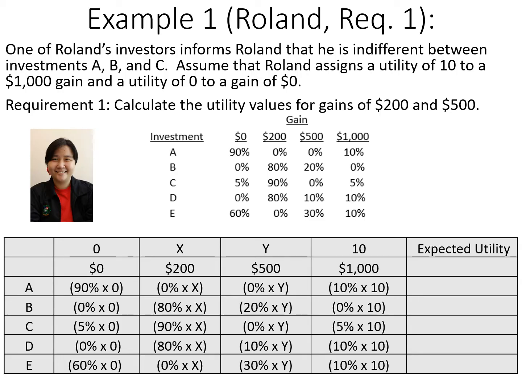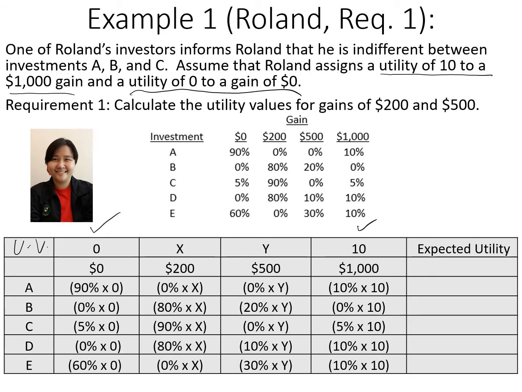We already know that a utility of 10 is assigned to a $1,000 gain, and a utility of 0 is assigned to a gain of 0. So we are going to write it down on the table. Utility value of 0 is assigned to a gain of 0. Utility value of 10 is assigned to a gain of $1,000.